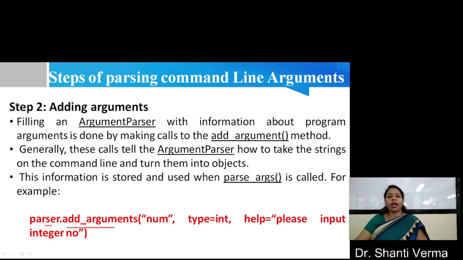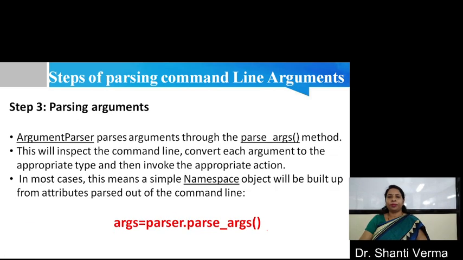Now using the add_argument function, I have to pass an integer that I store in a variable named num, and I have to display help, please input integer number. So this add_argument has the message please input integer number, stored in a variable num having the integer type.